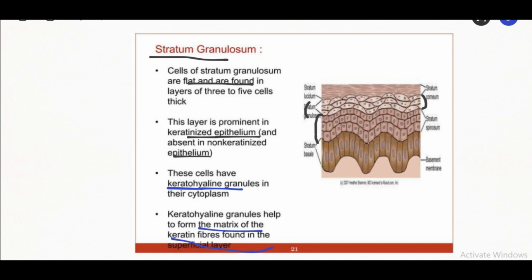Odland bodies or keratinosomes are the membrane coating granules. They are found in the upper spinous and the granular layer. They originate from the Golgi body system. In the keratinized epithelium, the granules are elongated, and in non-keratinized epithelium, they are circular. The last is the stratum corneum layer.